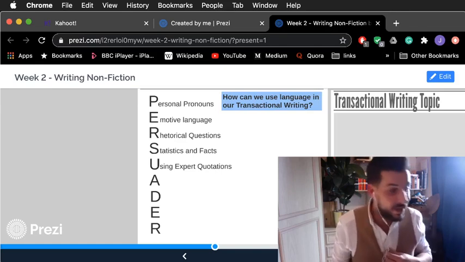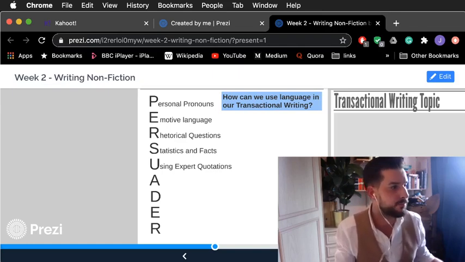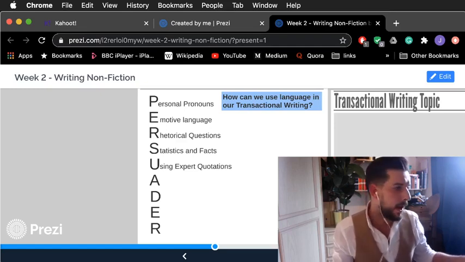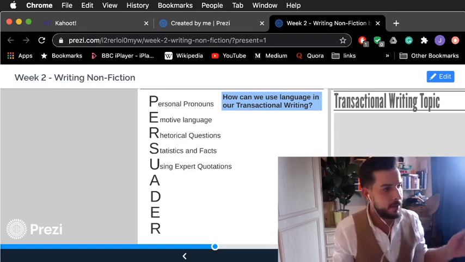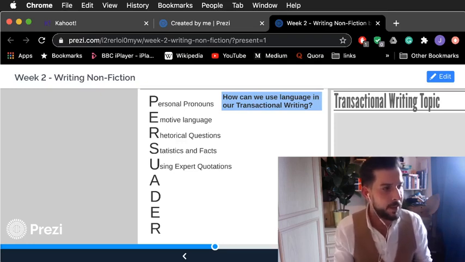So with a statistic, if you're doing an article about trying to, let's think, stop homelessness or persuade people to give money to the homeless, you might say, are you aware that 70% of young people that have been in youth offending have ended up being homeless?